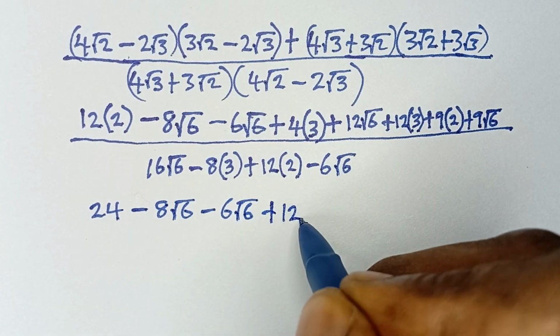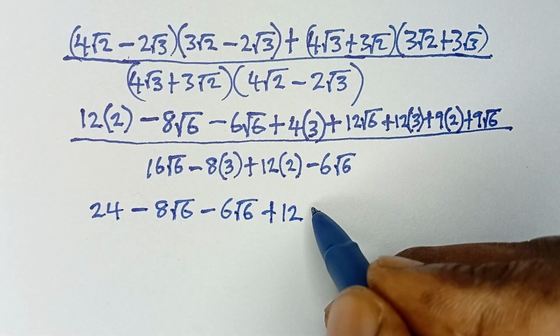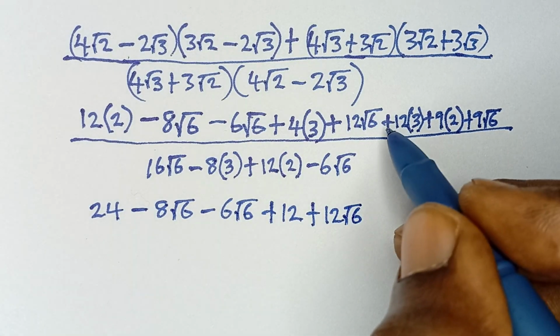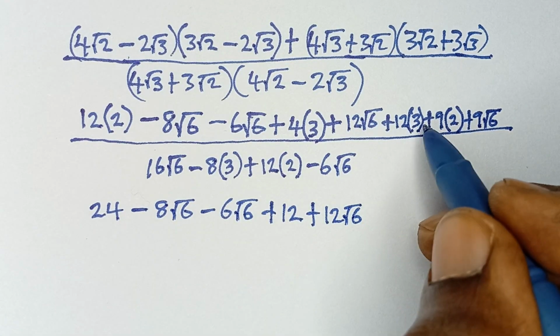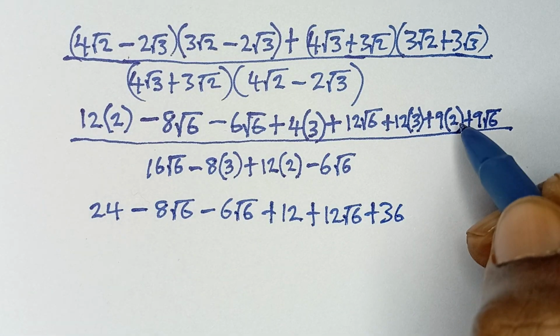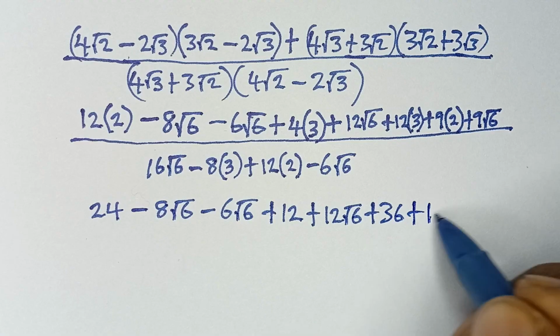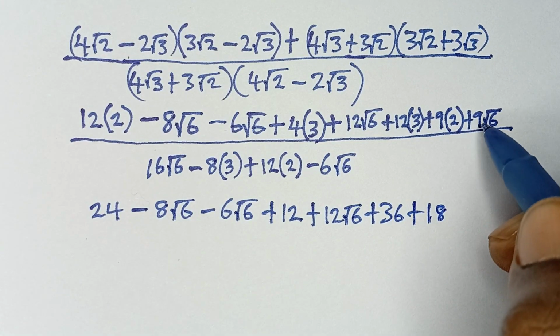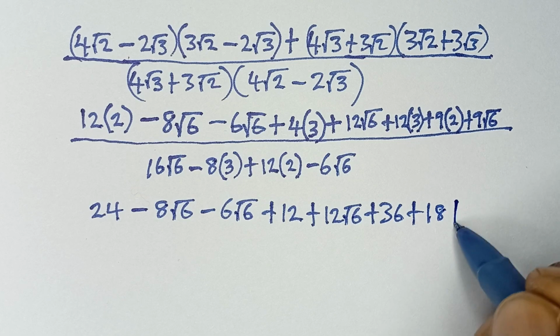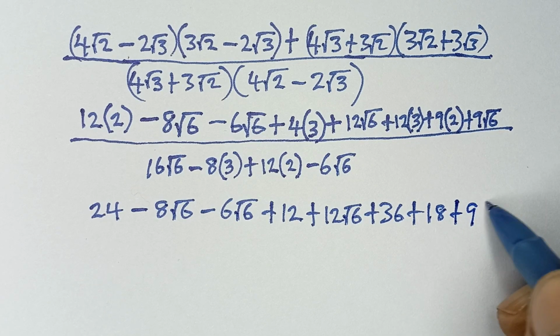That's positive 12. This remains 12 root 6. This will become 36. 12 times 3, that is 36. 9 times 2, that will be 18. And then 9 times root 6 remains 9 root 6.